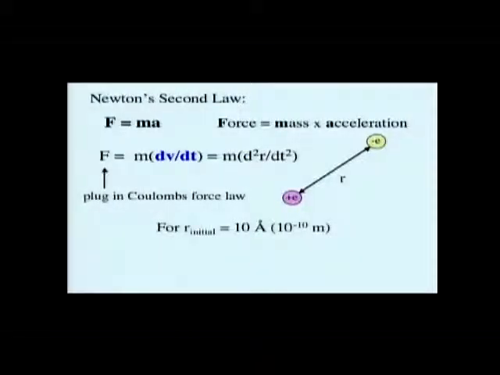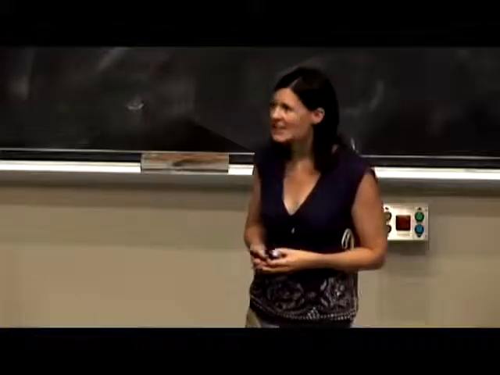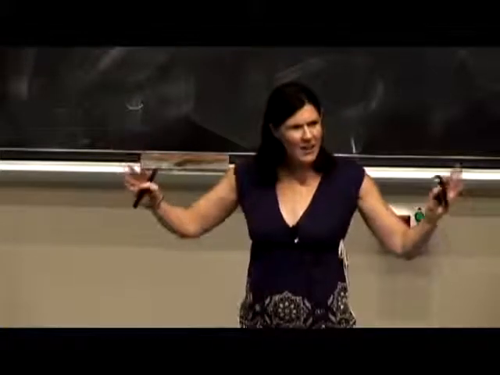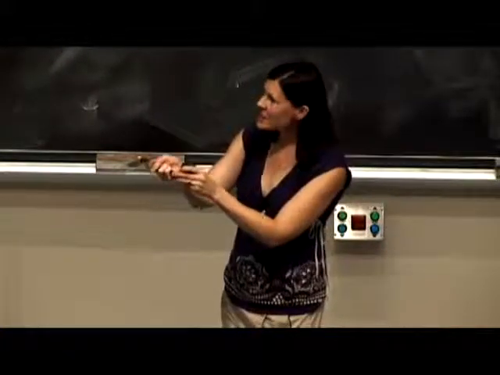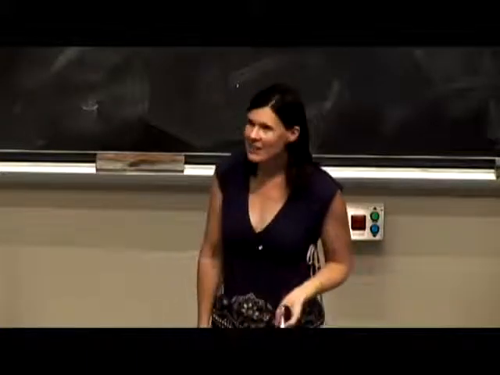And what we can do is we can start with some initial value of r. And here I write r being 10 angstroms. That's a good approximation when we're talking about atoms, because that's about the size of an atom. So let's say we start off at the distance being 10 angstroms. We can plug that into this differential equation that we'll have and solve it.